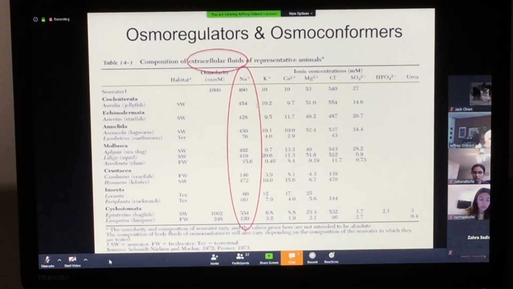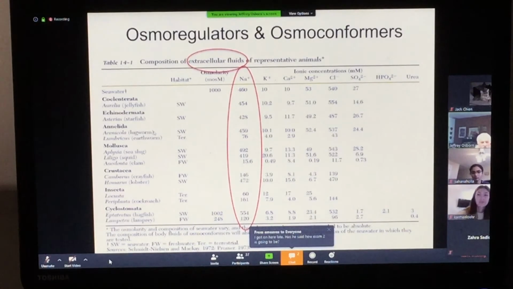Now, what do you notice about potassium concentration over here? They can conform their internal environment to the sodium concentration, but their potassium remains relatively constant regardless of what the external environment looks like. And that's because we've learned in terms of cell biology and cell physiology that we have to maintain intracellular potassium concentration fairly constant.